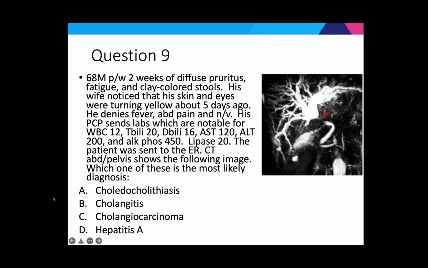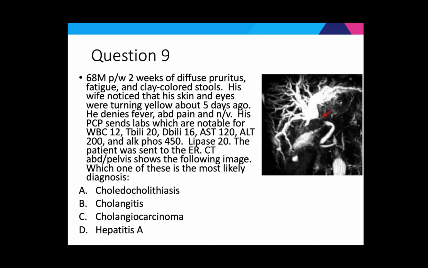All right, question number 9. I believe this is our last question. A 68-year-old man presents with 2 weeks of diffuse pruritus, fatigue, and clay colored stools. His wife noticed that his skin and eyes turned yellow about 5 days ago. He denies fever, abdominal pain, nausea, vomiting. His primary care doctor sends labs, which are notable for a very high bilirubin of 20, direct bilirubin of 16, AST 120, ALT 200, alkaline phosphatase 450.